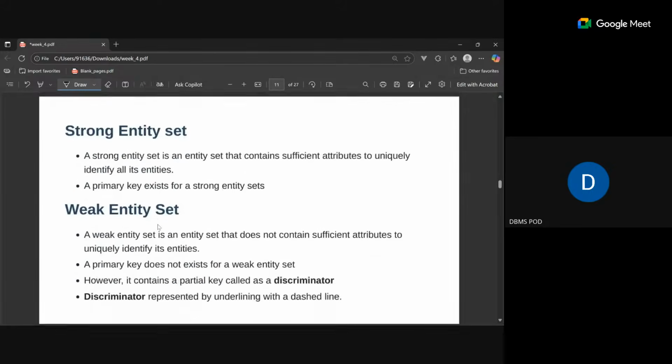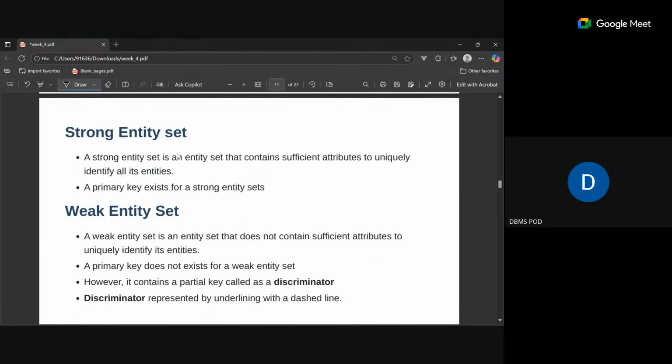Coming forward, there are various types of entity set: the strong entity set and the weak entity set. Excuse me, sir, what do you mean by entity? An entity is an object.